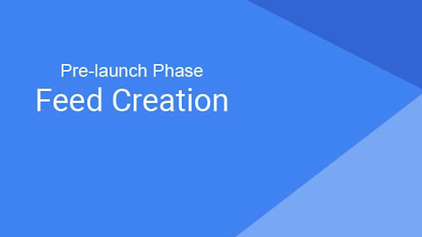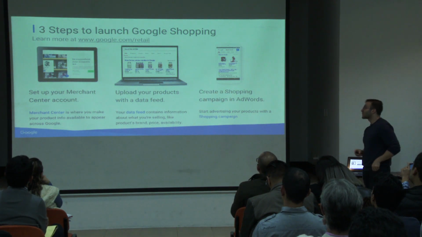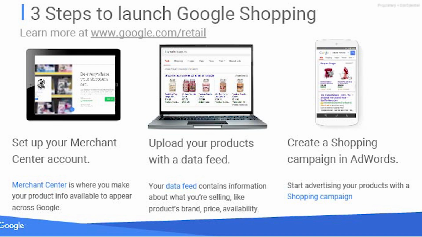So let's talk about, if you want to get started on Google Shopping, what are some quick and easy steps to get that done? We've broken it down into three very simple steps. Of course, you want to set up your Google Merchant Center account if you haven't done so already. This literally just takes a minute. The most important part, once you have a Google Merchant Center account, is uploading your products to us.